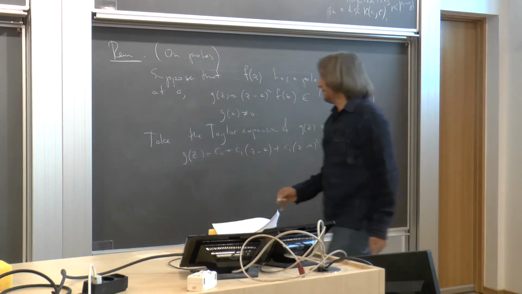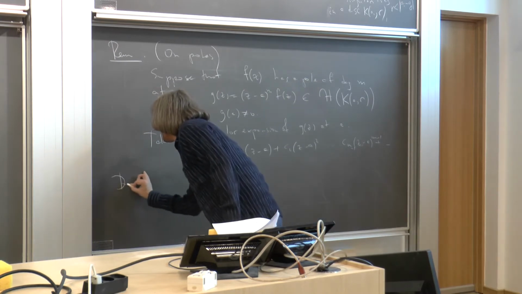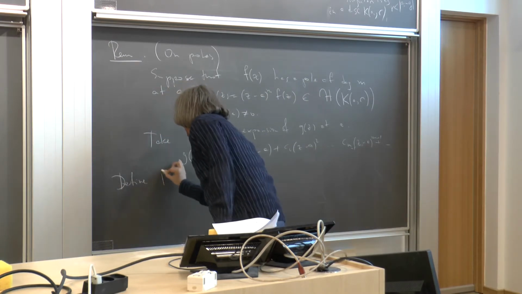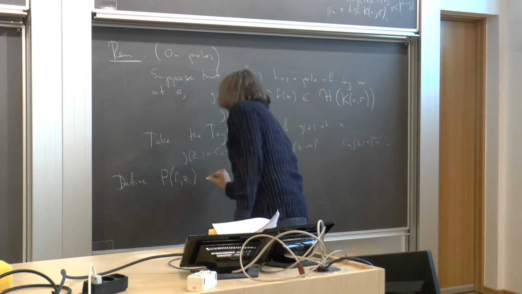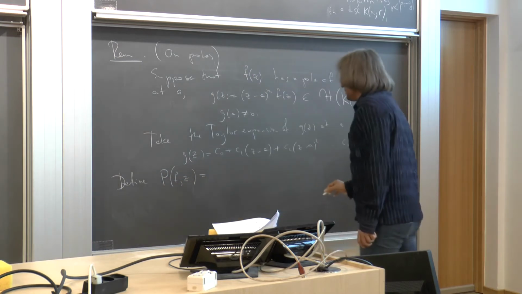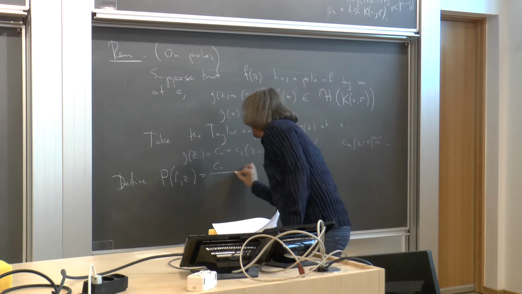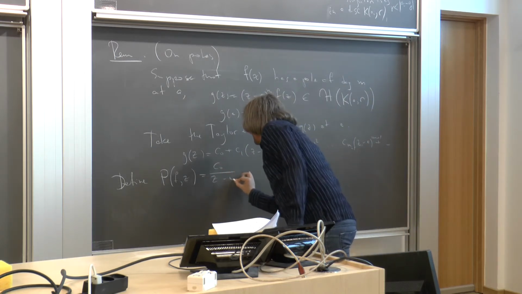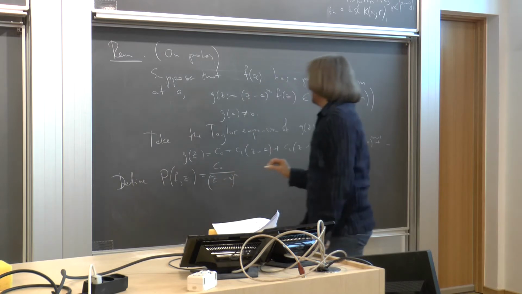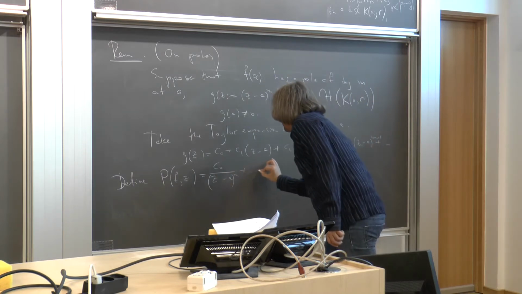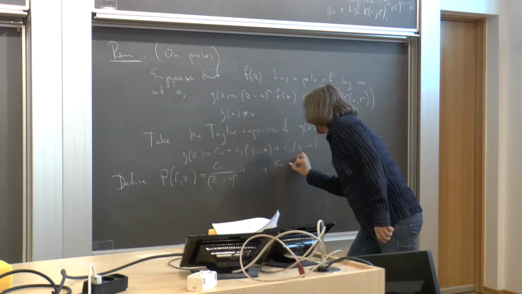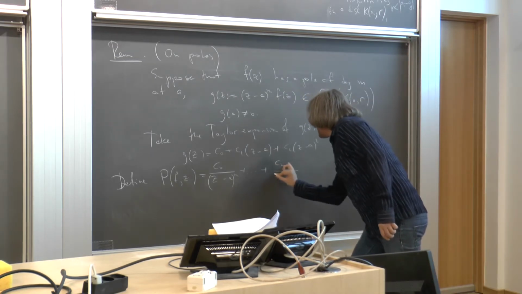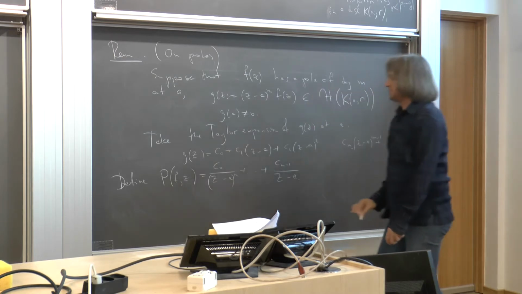Now, define the polar part of f of z to be this expression, C0 divided by (z minus A) to the m, plus so on, plus Cm minus 1 divided by (z minus A).